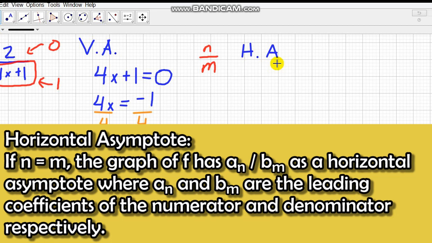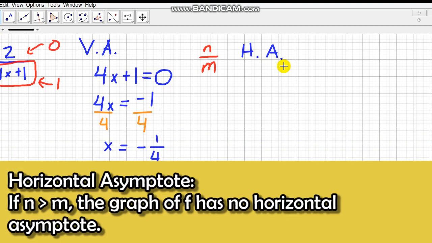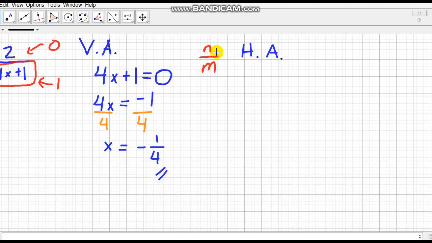If n is equal to m, the graph of f has a sub n over b sub m as the horizontal asymptote, where a sub n and b sub m are the leading coefficients of the numerator and the denominator, respectively. If n is greater than m, the graph of f has no horizontal asymptote. So we have to understand first what case we are going to get, since there are three cases.